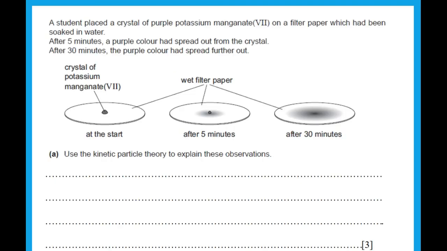Okay, a student placed a crystal of purple potassium manganate on a filter paper which has been soaked in water. After 5 minutes, a purple color has spread out from the crystal. After 30 minutes, the purple has spread further out. And you're supposed to explain why this is happening. Of course, the kinetic particle theory says that matter is made up of particles that are constantly moving.